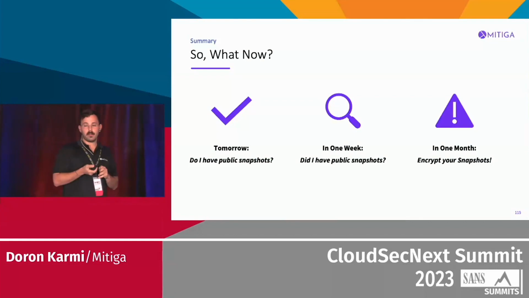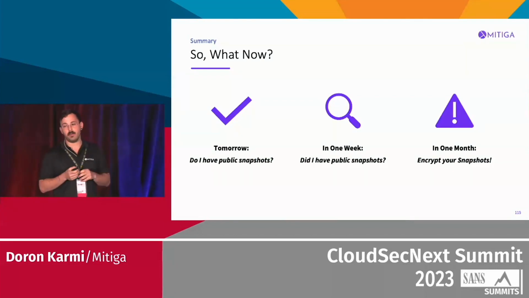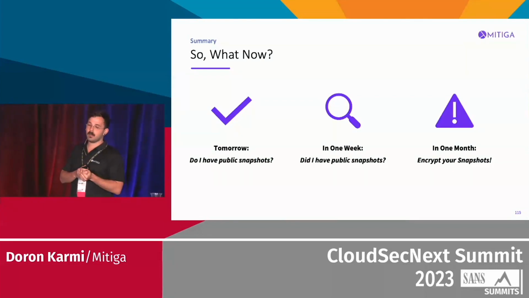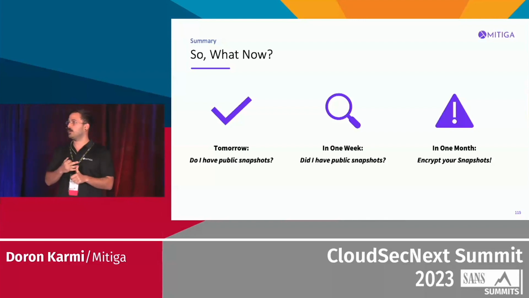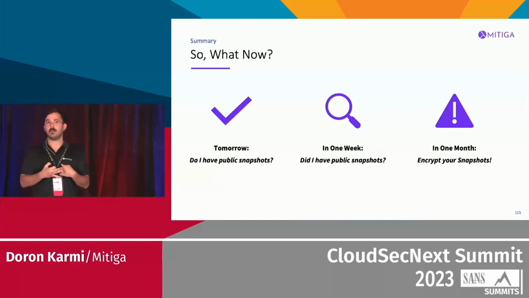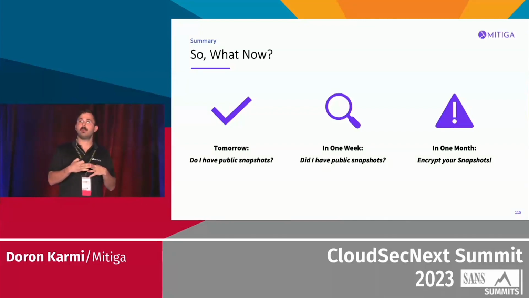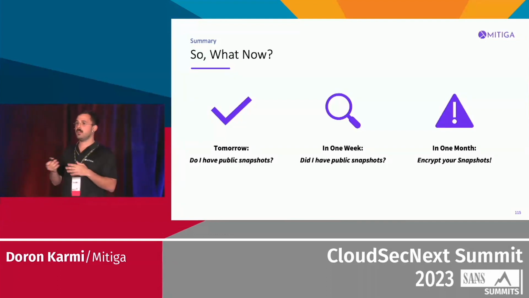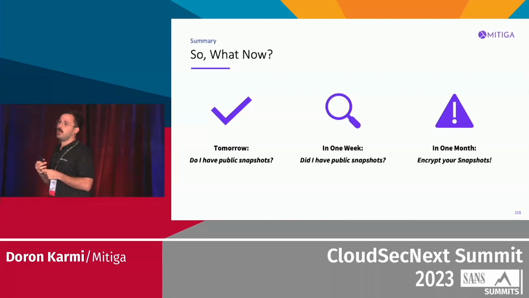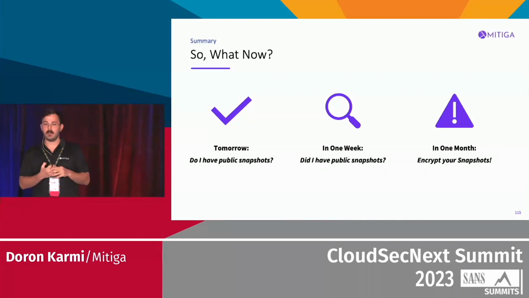But you might ask yourself, what now? We recommend, first of all, to check if you currently have public snapshots. You can use the API calls that I showed you, you can use AWS Config, or you can use AWS Trusted Advisor. And I guess there are more tools. If you use a CSPM, you can also see this type of information. But it's important to know if you have those.